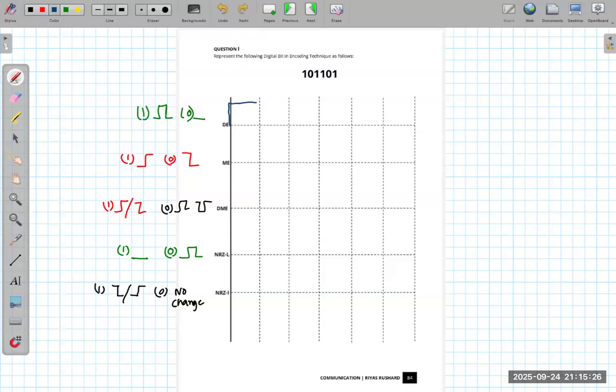Yes, Raja, you can start like this also. If it's a zero, the signal goes down. If it's one, it goes like this. If it's zero, it goes down. And if it's one, it goes like this.